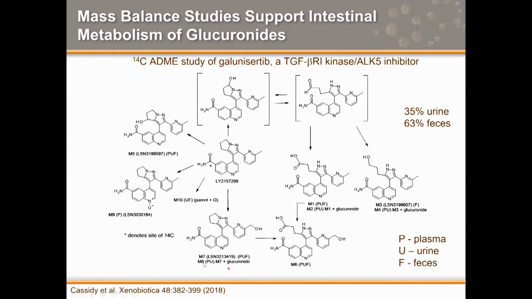This is similarly shown here for this M3-M4 combination, with the M3 being found in the feces, but the glucuronide of M3, the M4 metabolite, only being found in the urine. So we know that this intestinal metabolism by bacteria of glucuronides is commonly found for a lot of glucuronide metabolites.